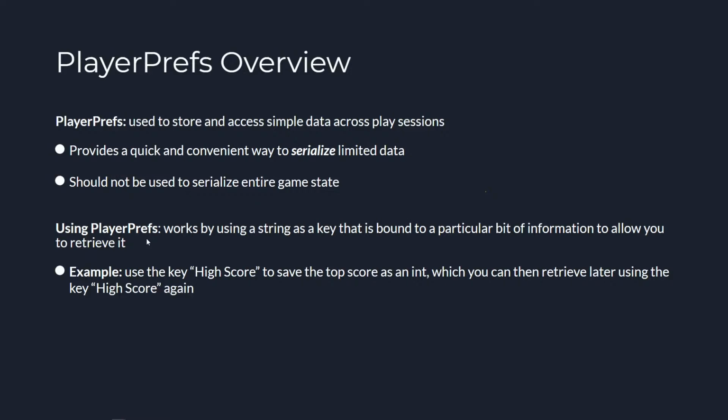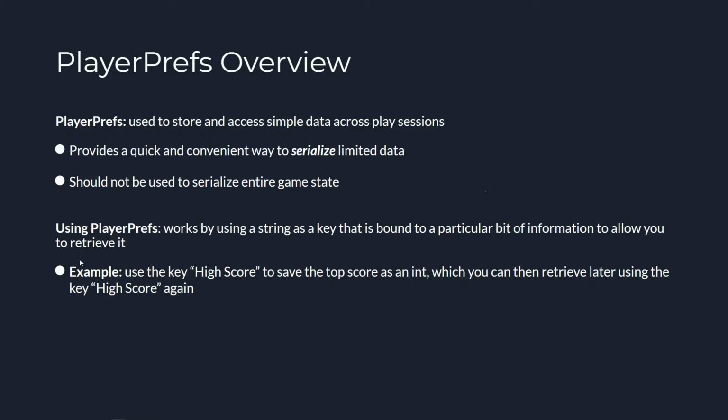So to use player preferences, they work by using a string as a key, right? It's sort of like a dictionary, a persistent dictionary. You have a string as a key that allows you to refer to some chunk of data that you want to save. That key becomes bound to a particular bit of information that will allow you to save and retrieve it. For example, you might have a key that's the string "high score" with a space in it, and the capitalization.